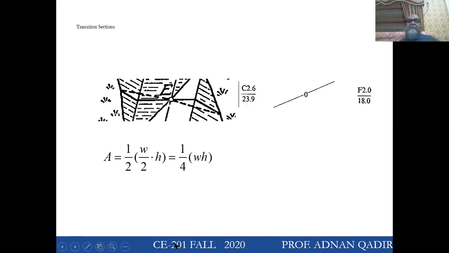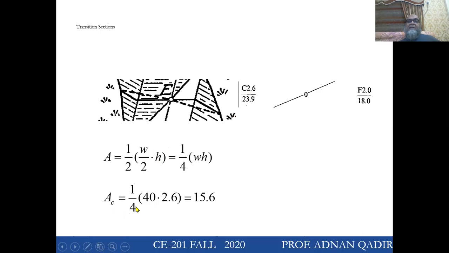Now this is very simple. You will use 1/4 WH. So for the left section, W is 40 because this is in cut. Part is in cut, part is in fill. So W is 40, H is the height, 2.6.